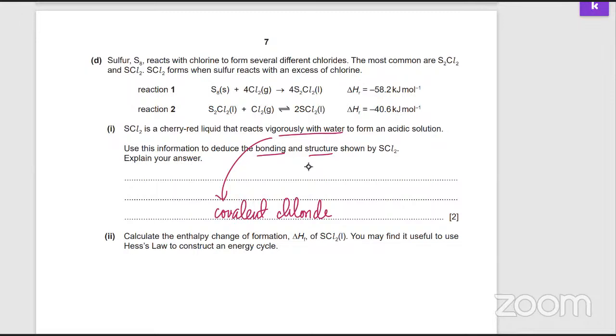We know it's covalent, right? How do we know whether it's simple covalent or giant covalent? SiO2 also has a similar formula, but it's a giant covalent structure, right?